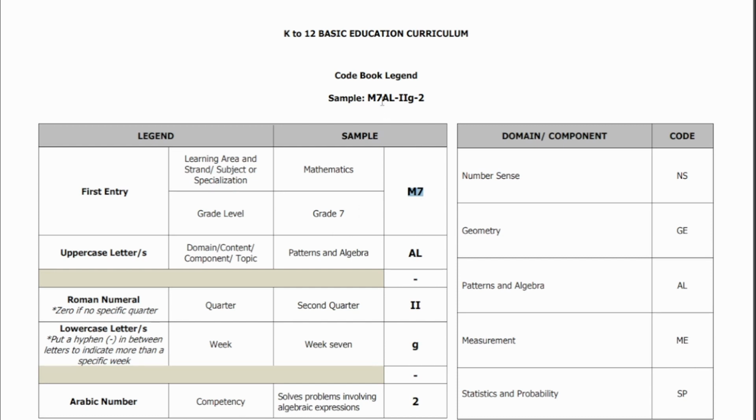Then the second part would be the domain or content. Then a hyphen. This would be the first quarter, second quarter, third quarter, or fourth quarter, and then a lowercase letter for the week. And then the learning competency level.